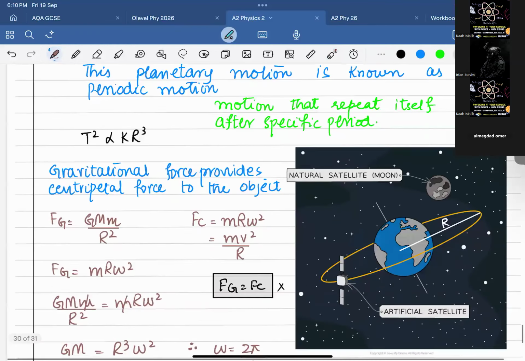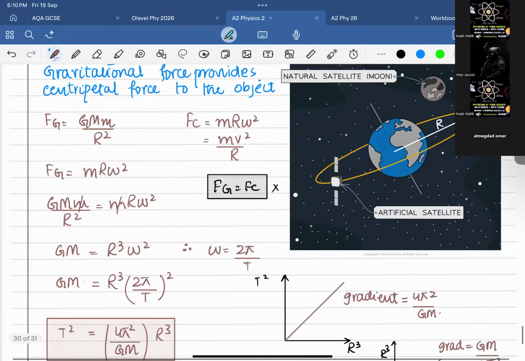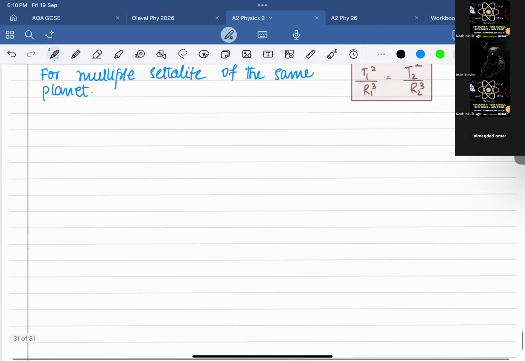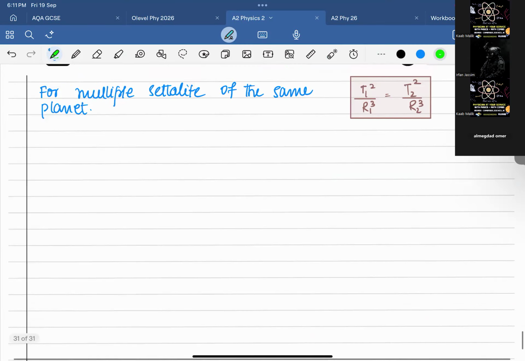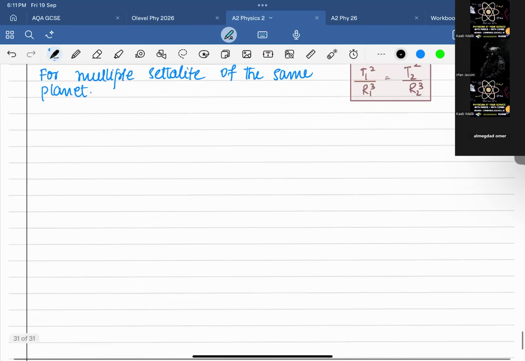Now, let's just solve for, let's say, the Moon and for a satellite called the geostationary satellite. I have the Moon, a Moon in the Earth system.